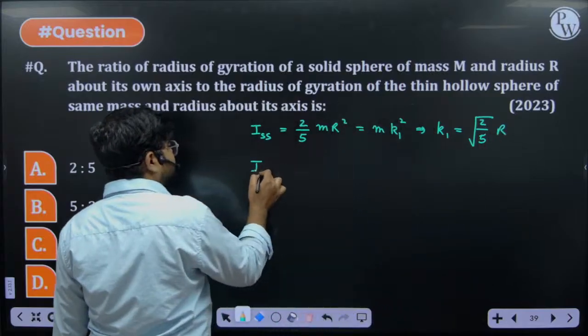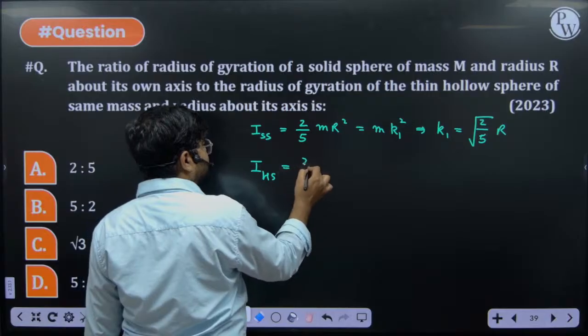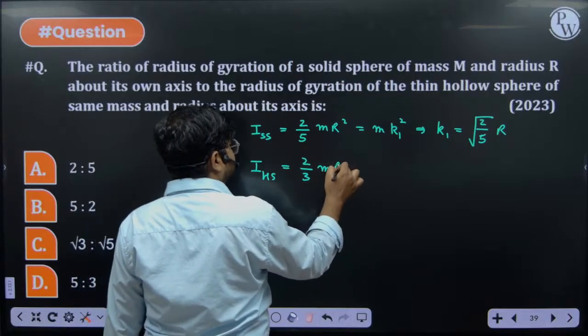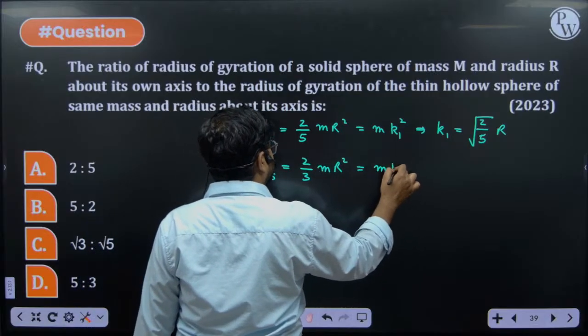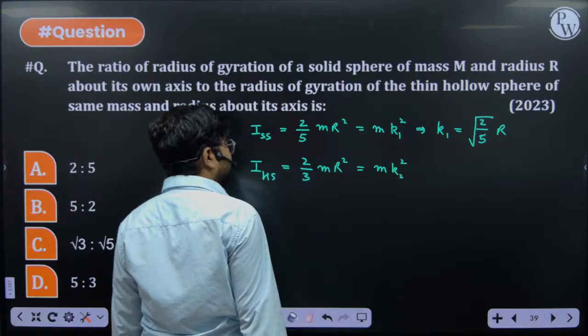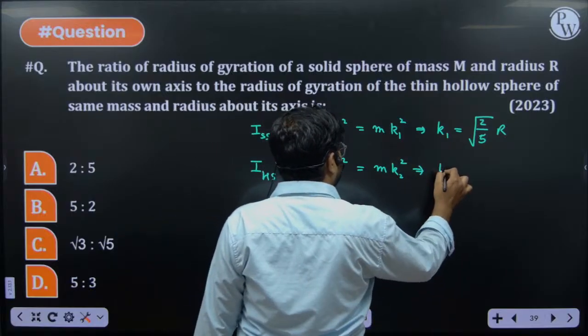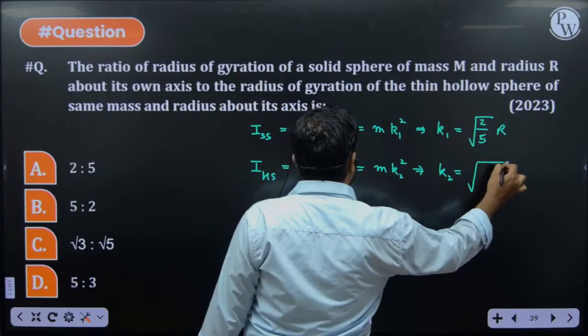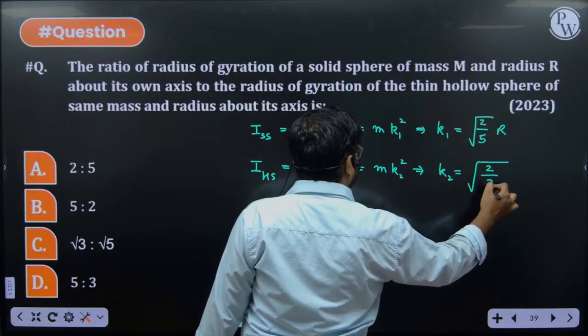For hollow sphere, it is 2 by 3 mr square. It can be written as m k2 square, radius of gyration k2. So k2 comes out here as under root 2 by 3 r.